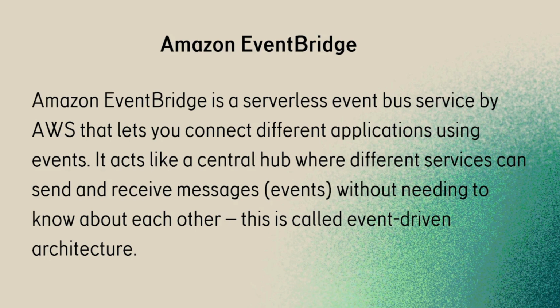In EventBridge we will use an event rule. A rule is basically a key component that matches incoming events and routes them to the target services for processing. Here the target service would be the Lambda function. The Lambda function in turn starts or stops the EC2 instance. So let's go to the console and start implementing this project.